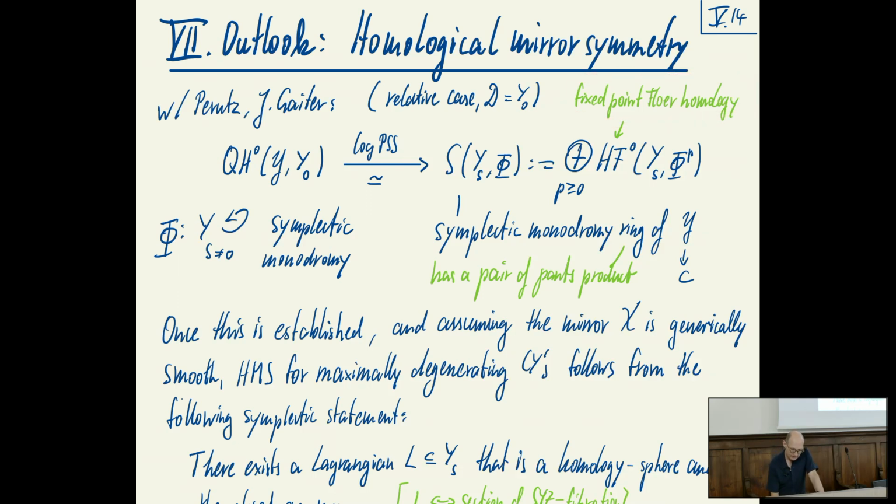And these are these kind of rings, right? Symplectic geometry, not hard. And it has a pair-of-pants product. And the log PSS morphism relates these two. And we are very hopeful to prove that this is an isomorphism without any further assumptions, very generally, okay?